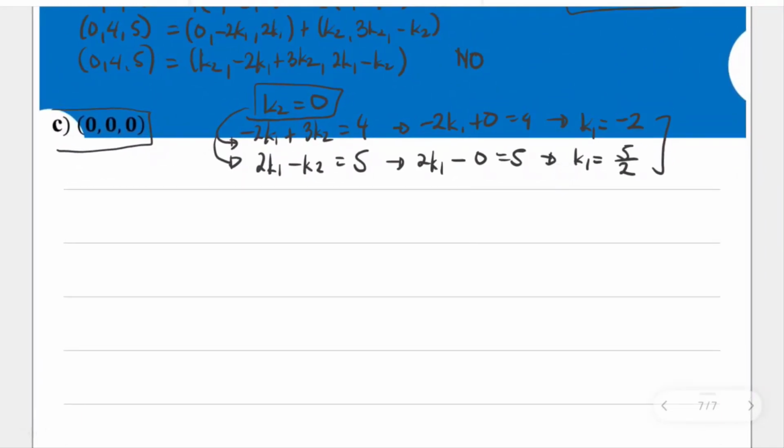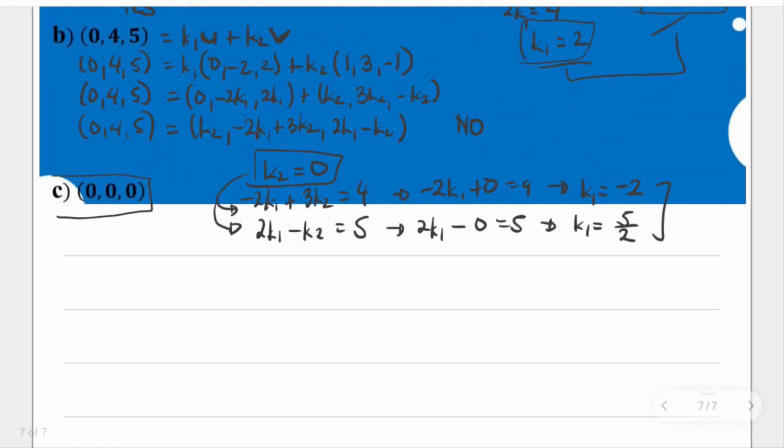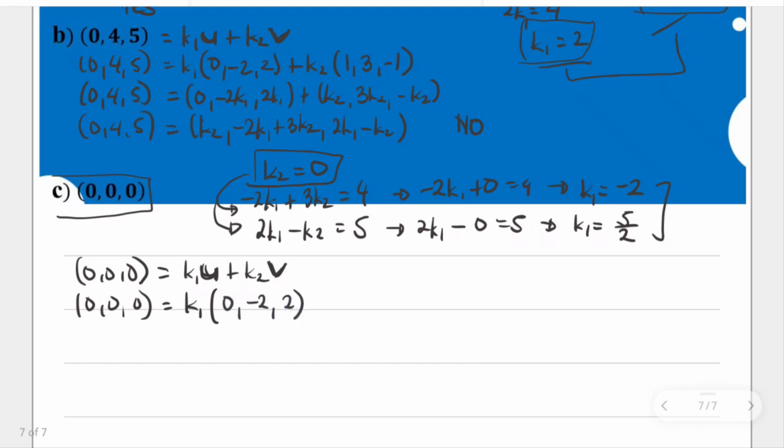So 0, 0, 0. The same thing as earlier. This 0, 0, 0 should be equal to k sub 1 u plus k sub 2 v. So you have 0, 0, 0. K sub 1, your u is 0, negative 2, 2.